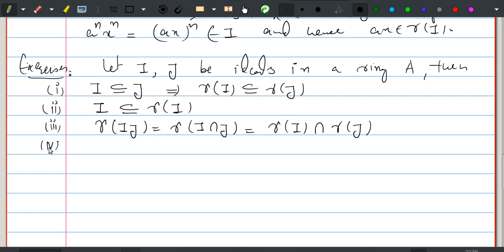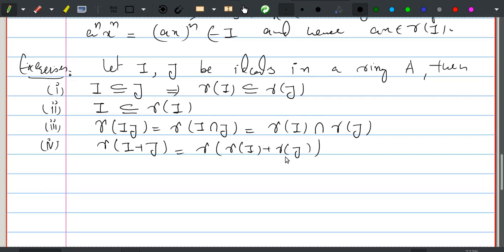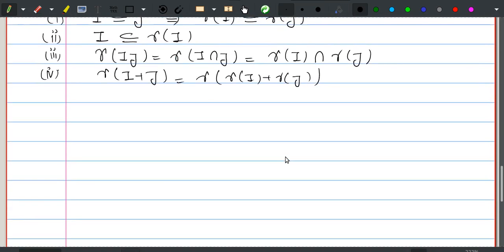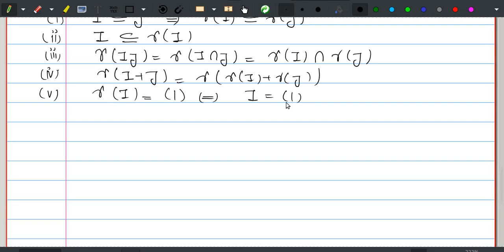And then we have the fourth item. The radical of a sum is the radical of the sum of the radicals. And finally, the radical of an ideal I is the unit ideal if and only if I is the unit ideal.